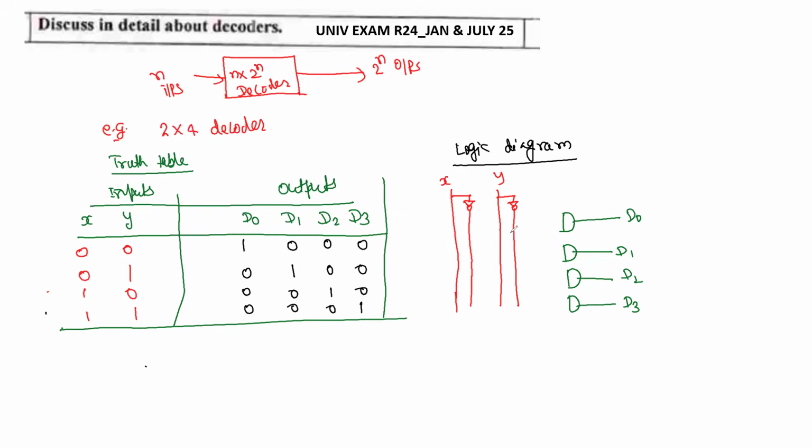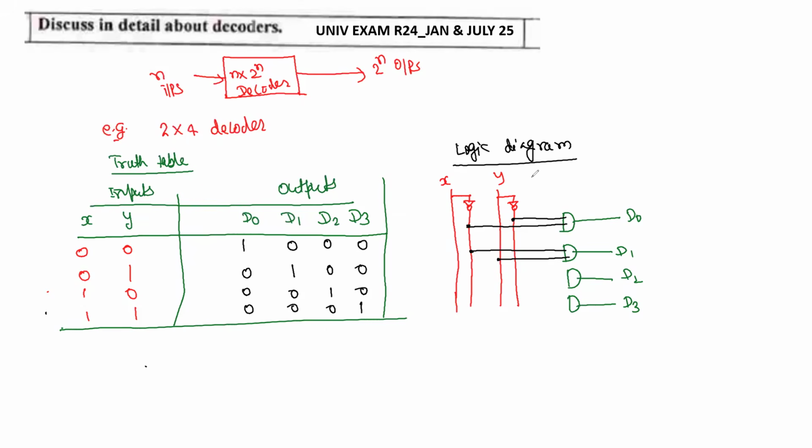So what is the combination? 0 0. So 0 means X is 0, Y is 0. So that inverted output will be connected here. Okay. 0 0 means complements. Next, what we have? 0 1. So X is 0, so X inverted, 1. Okay. And Y is 1. So this will be connected.